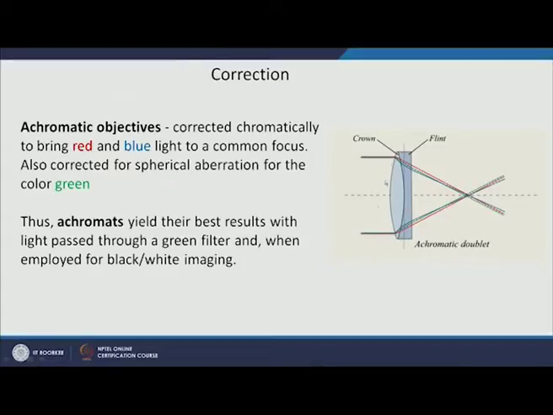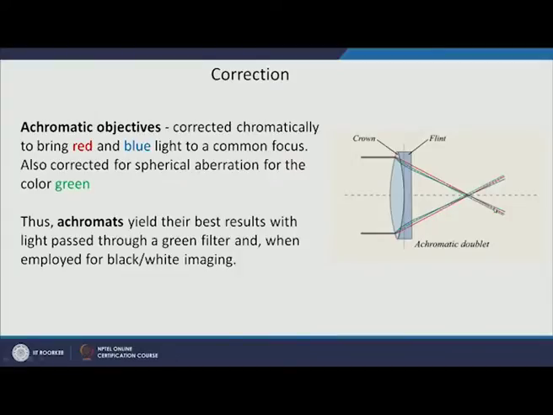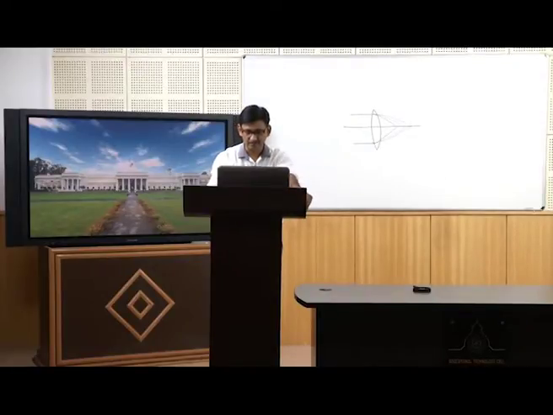As you can see, it is a combination of a convex lens and a concave lens, and they are made of two different materials to change the refractive index. By doing all this juggling of combination and two different refractive indices, they are able to correct the chromatic aberration here, and bring all the wavelengths together at one single point.